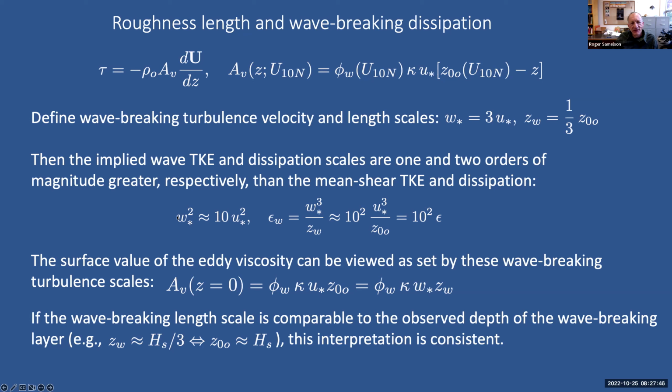If you consider defining a wave breaking turbulence velocity and length scale as 3 times u star, and the length scale being a third of the sort of completely empirical roughness length, then the implied TKE, the wave turbulence kinetic energy, and the wave dissipation scales that you get from that will be about 1 and 2 orders of magnitude respectively greater than the mean shear turbulence kinetic energy and dissipation, which is in the right ballpark for the wave dissipation.